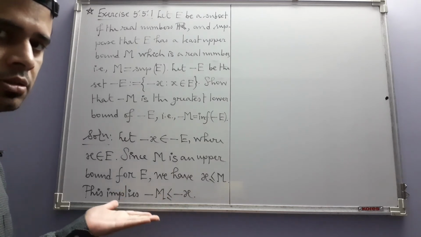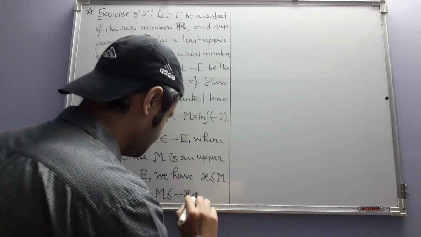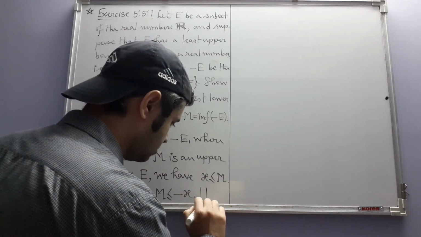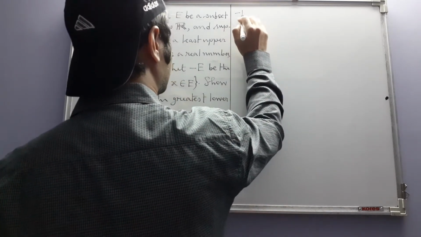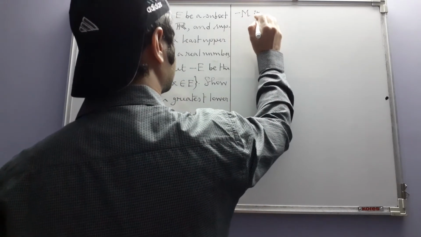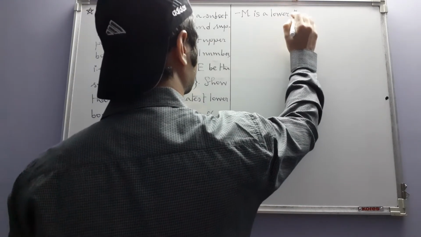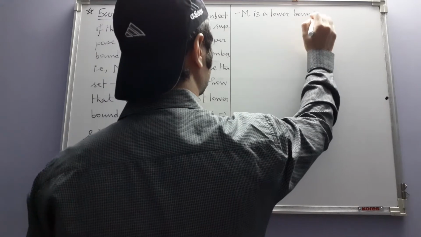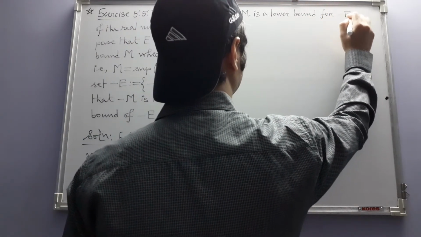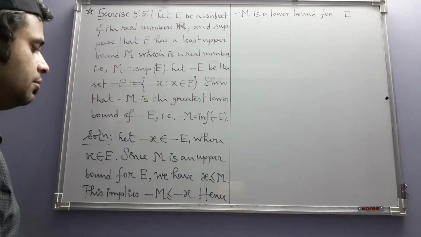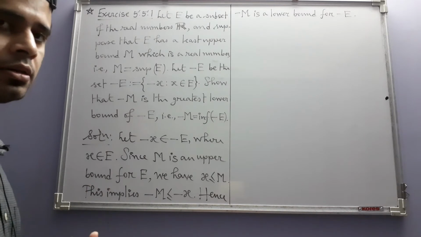That just shows that minus m is the lower bound for minus E. Hence, minus m is a lower bound for minus E. We now have to prove that it is the greatest of all the lower bounds.